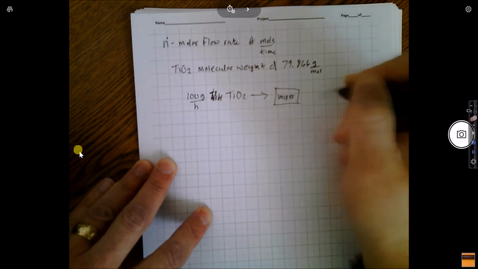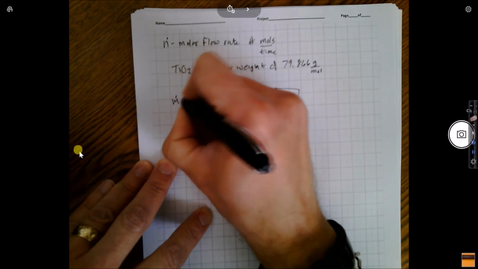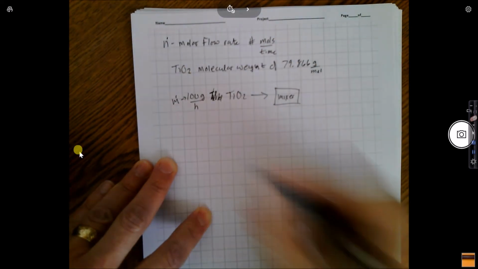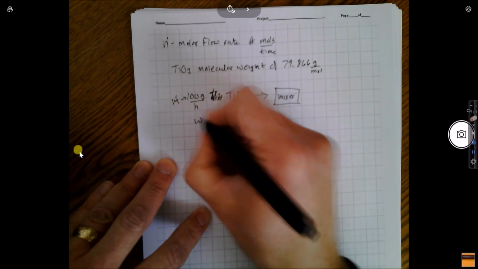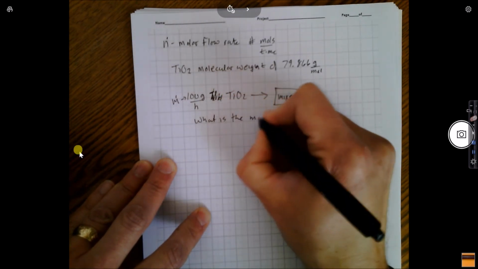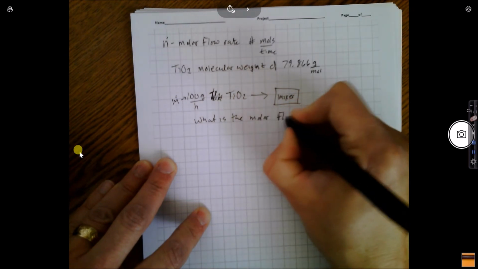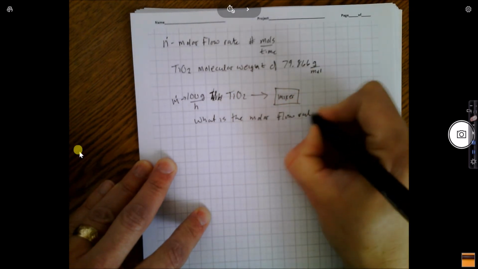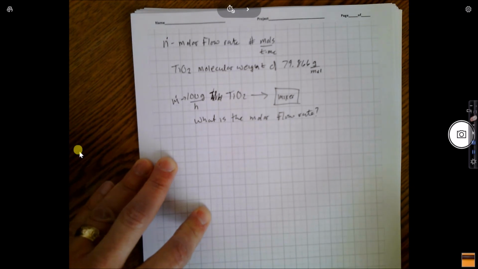Since this is the mass flow rate, we want to know what is the molar flow rate.